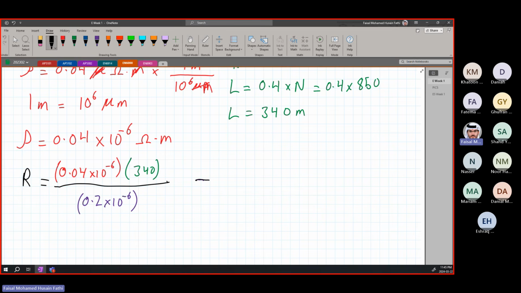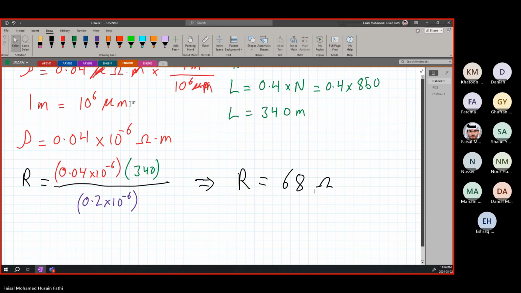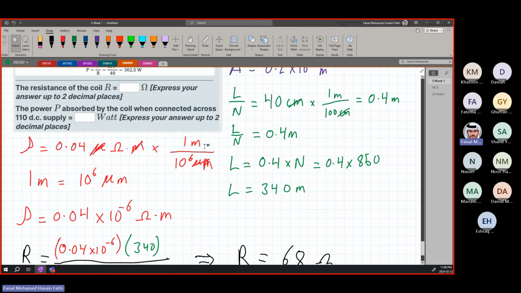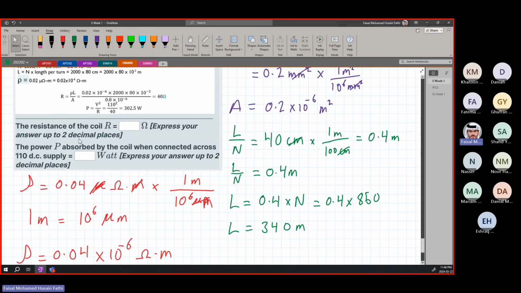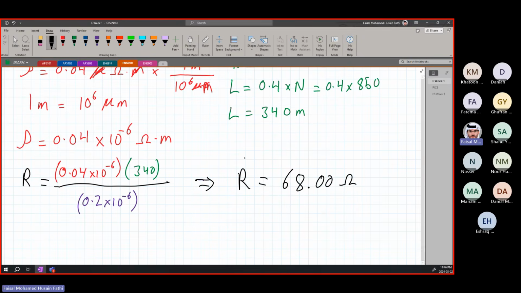Therefore, the resistance is equal to 68 ohms. Okay? 68 ohms. It says to two decimal places, so it's going to be 68.00 ohms. Just make sure of that because it says up to 2 decimal places.